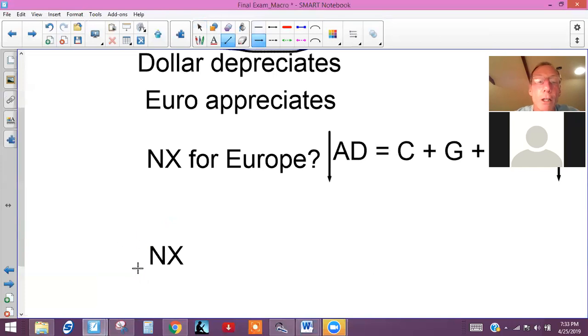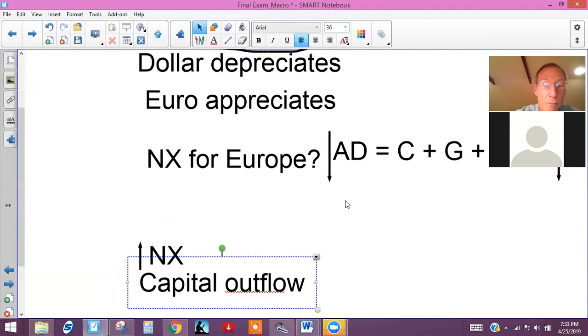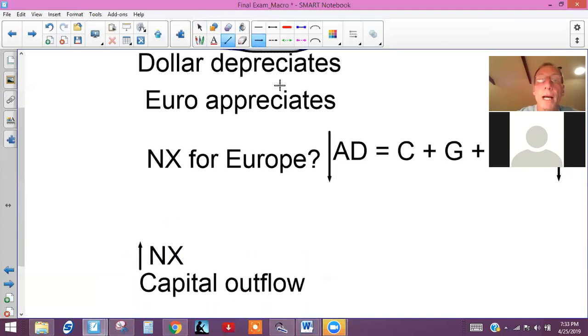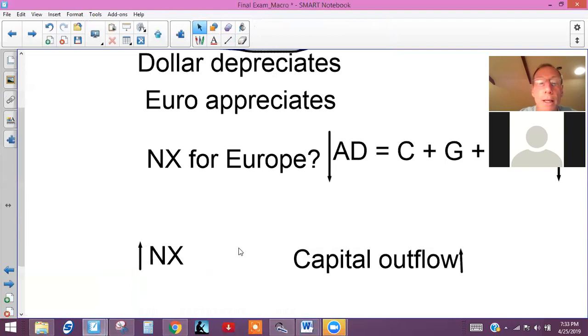If they go up, then capital outflow goes up. Now, why is that? Well, if capital outflow goes up, then this is going to mean our current account goes into surplus, or goes up. If it's even, then it's going to go into surplus.